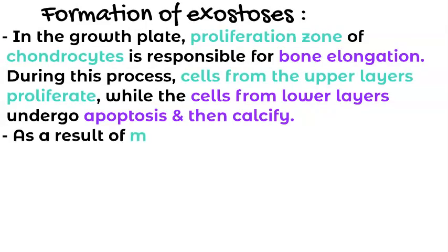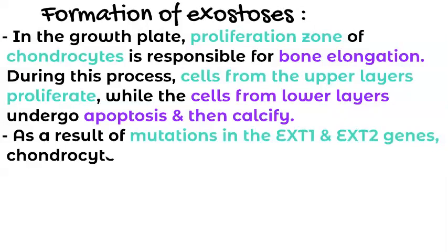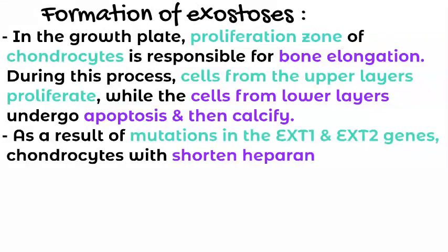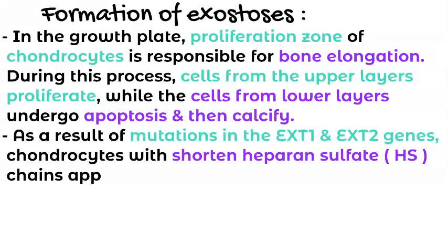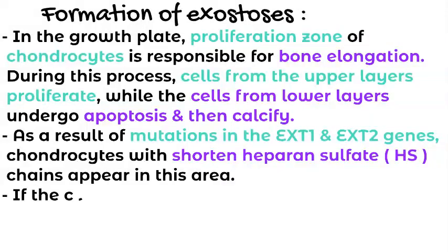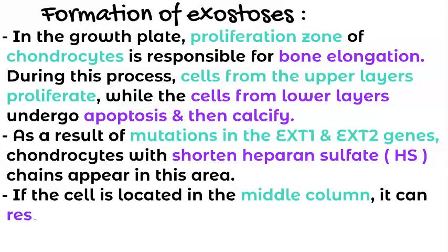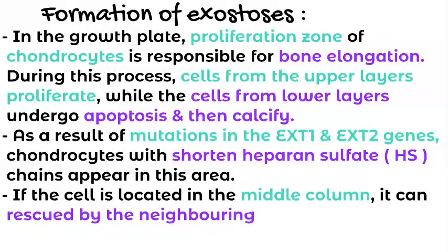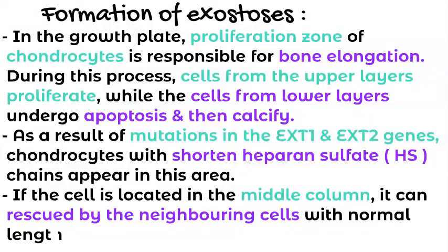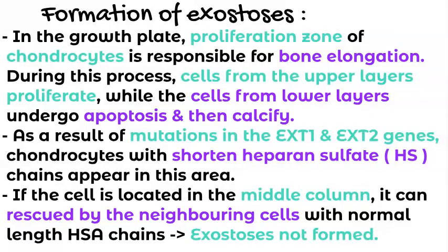As a result of mutations in the EXT1 and EXT2 genes, chondrocytes with shortened heparan sulfate, HS, chains appear in this area. If the cell is located in the middle column, it can be rescued by the neighboring cells with normal length HS chains. Therefore, exostosis is not formed.